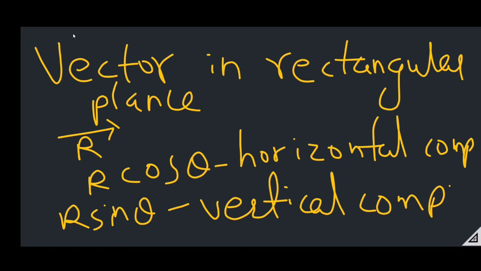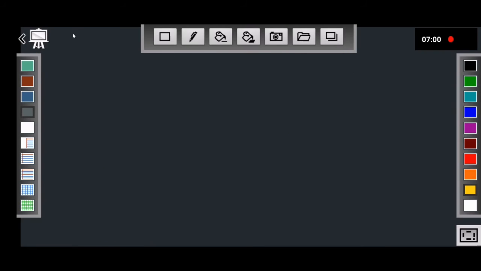So the horizontal component is R cos theta and the vertical component is R sin theta. The horizontal component is written as Rx because it is along the x-axis, and Rx equals R cos theta.